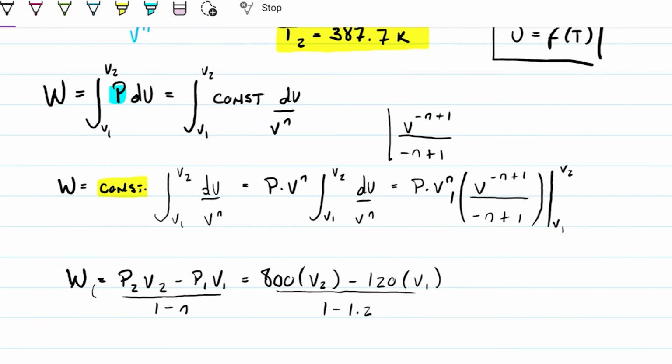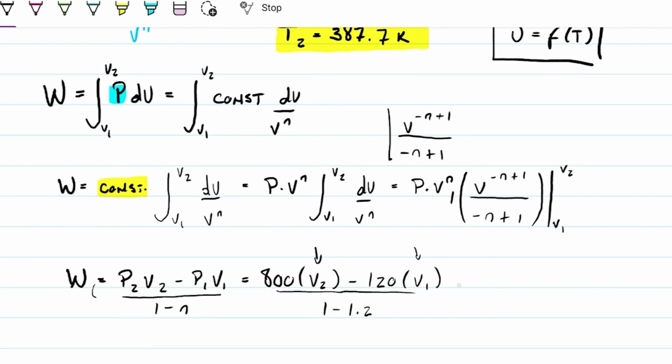We really haven't figured that out. But we do know the relationship between the two volumes. With that, we can either solve for the volume, or what we can do is substitute where we have volume using the ideal gas law.